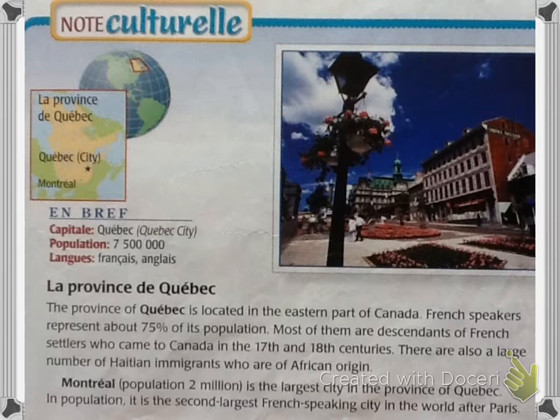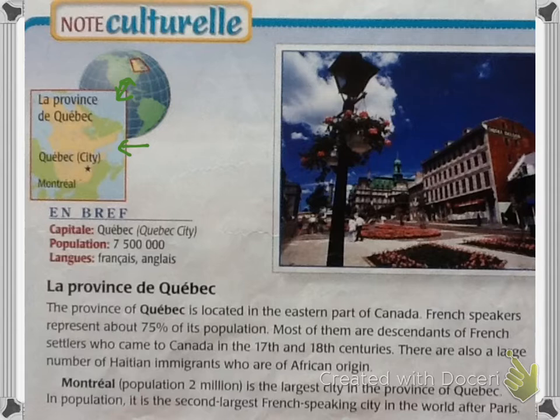So next you have a little note culturelle. And this again is about Quebec, which is part of Canada. So again, this first little map here is kind of showing you where in the world Canada is, in case you're not sure, and then kind of showing you where Quebec is.